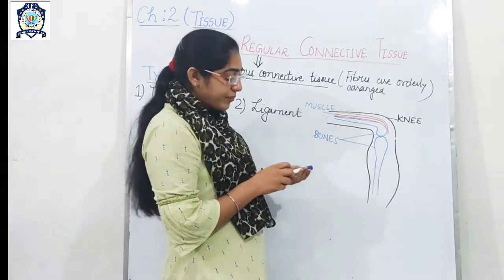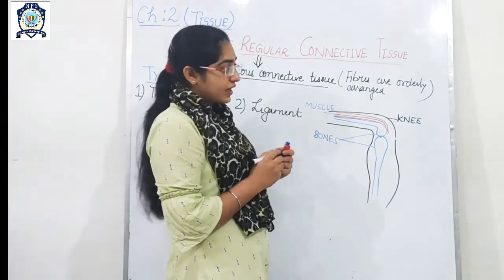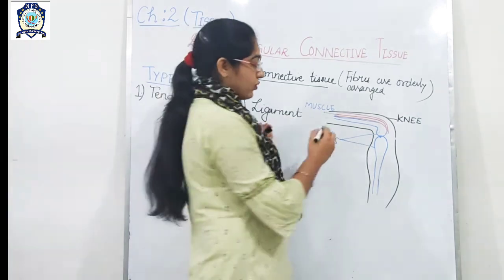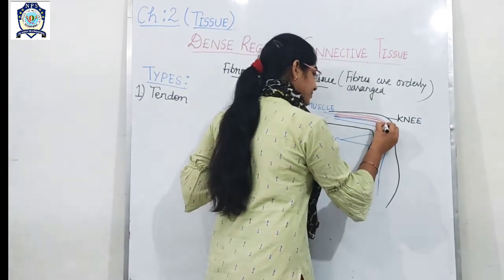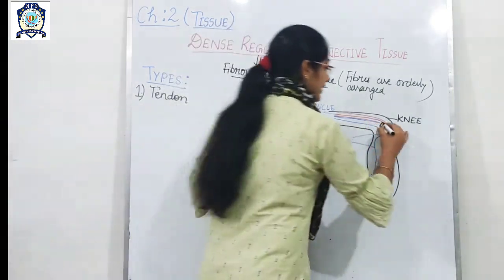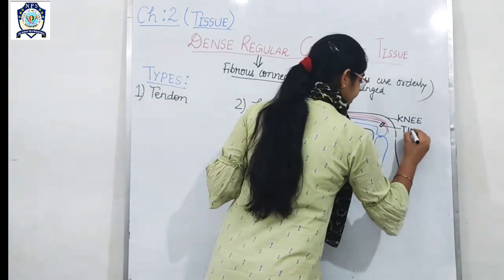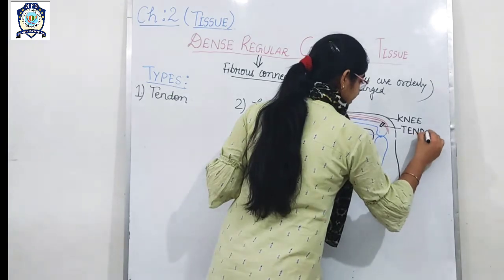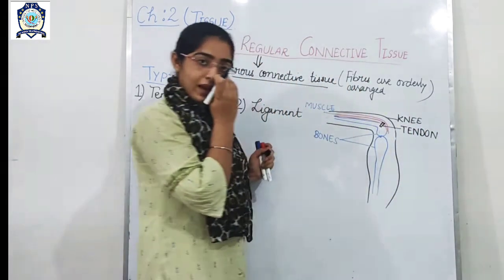The fibrous tissue which connects muscle to bone, this tissue is called the tendon. Am I clear?